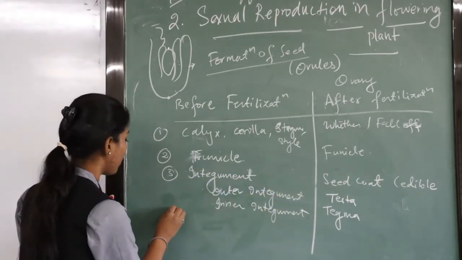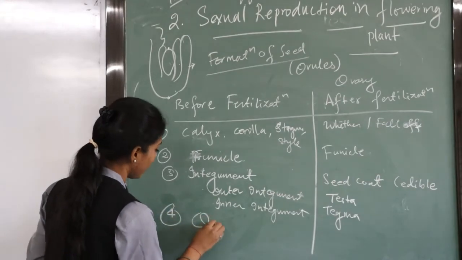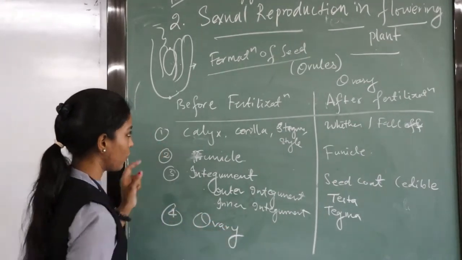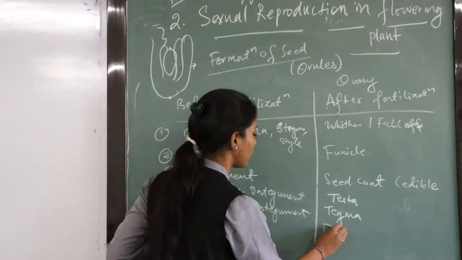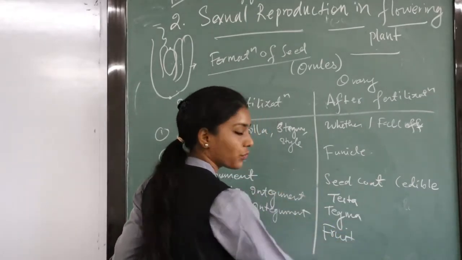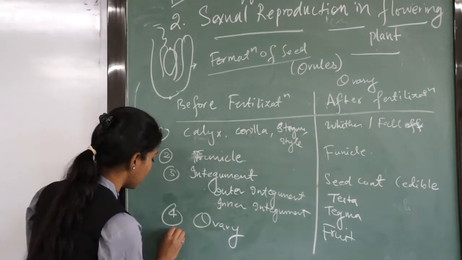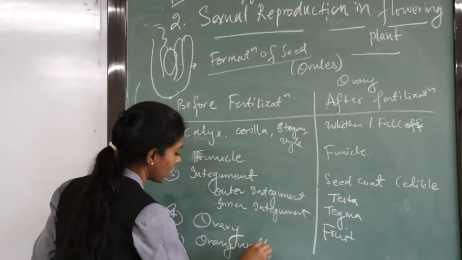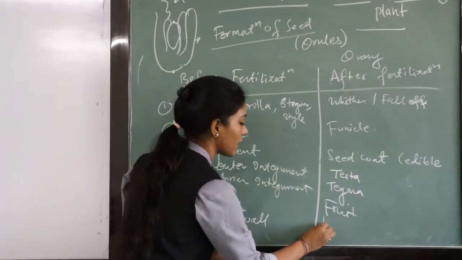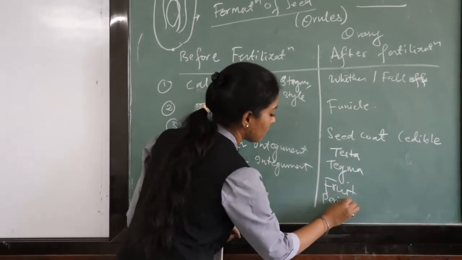Okay. Fourth one, as you know, ovary forms. Before fertilization it was called ovary, after fertilization it is called fruit. And ovary wall is called pericarp.